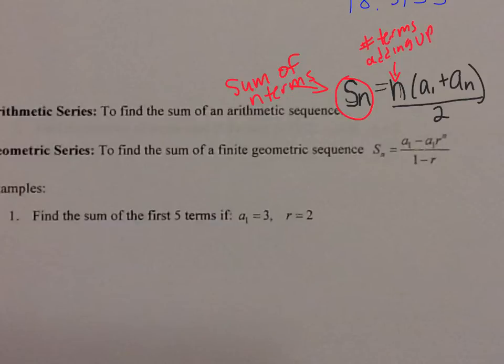A sub 1 obviously is the first term, and a sub n is the nth term. So if you're adding up 8 terms, then it would be a sub 8. So you do need that last term. Okay, so remember, this is for an arithmetic series, for when you're adding or subtracting a constant to go from one term to the next. And remember, that is not on your reference sheet.